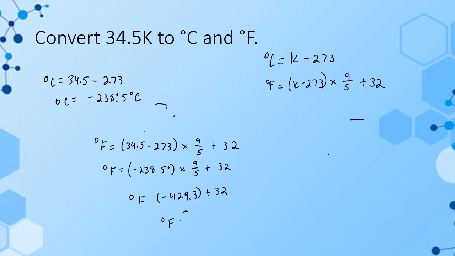The degrees Fahrenheit should be negative 397.3. So we can see that 34.5 Kelvin is quite a cold temperature, coming out to negative 238.5 degrees Celsius and negative 397.3 degrees Fahrenheit.